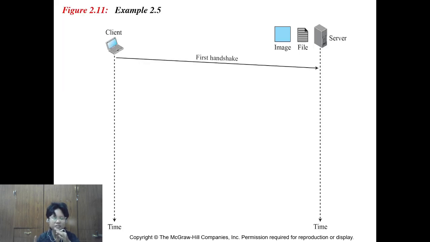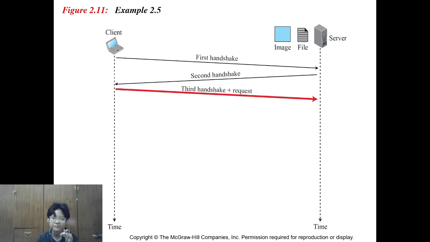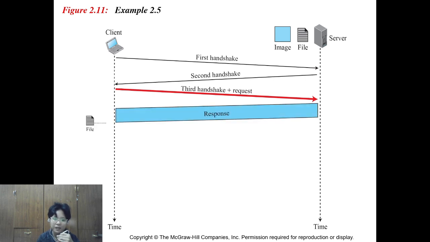In this example 2.5, you can see the client and the server again, and it sends the first handshake to the server, and the server sends the second handshake back, and it loops like previous. And finally, it responds, and we will get the file.